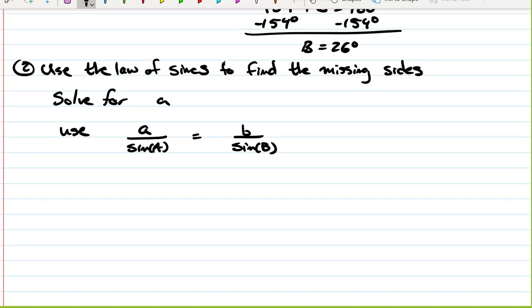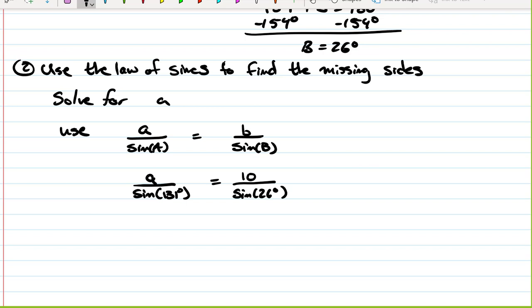So we want A, so we have A over the sine of A, which is 131 degrees, is equal to B, which is 10 centimeters, over the sine of B, which we just solved for, is 26 degrees.